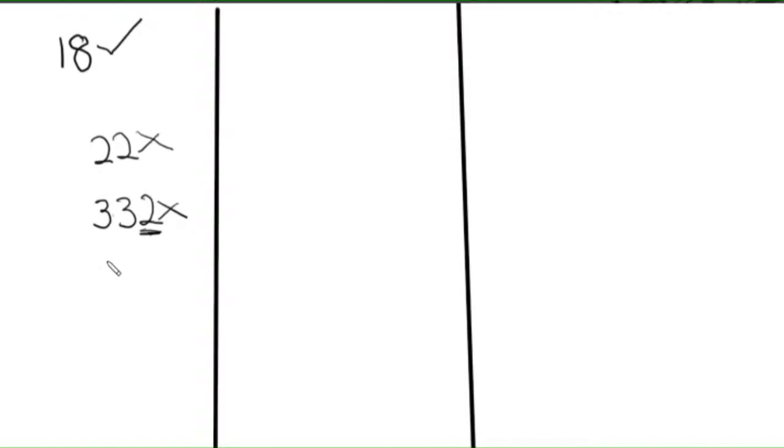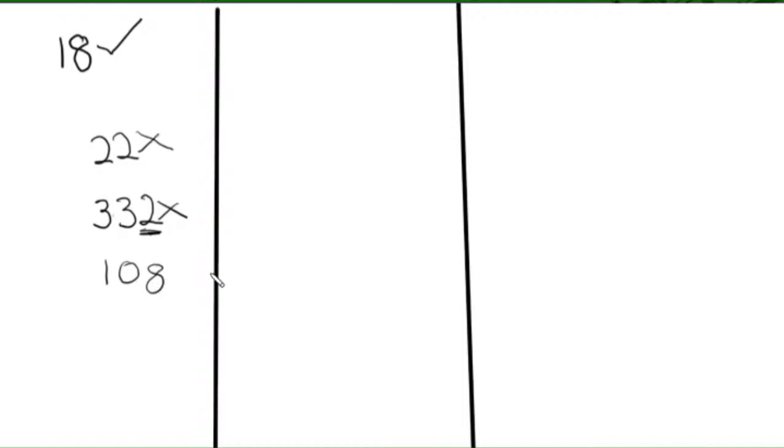108. Is it divisible by 18? When we check the last digit, which is 8, it is an even number. Learners, let's add all the digits. We have 1, 0, and then 8. Let's add and see. 1 plus 0 is 1. 1 plus 8 is 9.